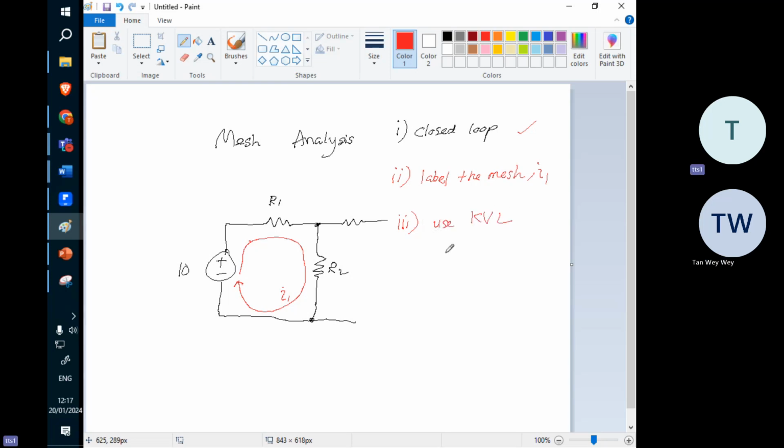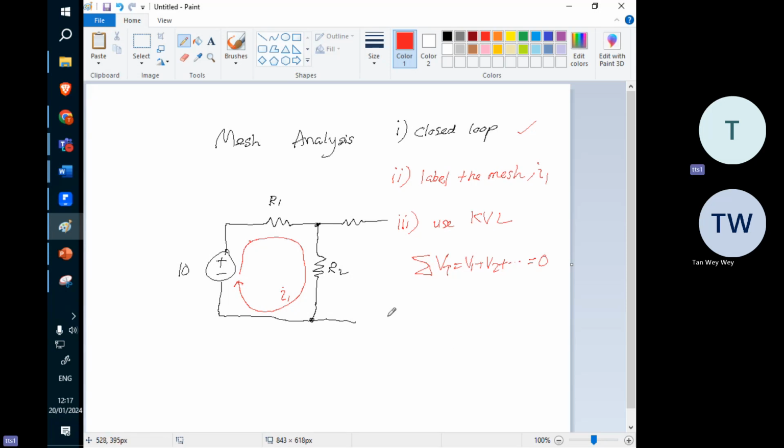Use KVL means that KVL is a sum of all the voltages, V1 plus V2 plus all the voltages, is equal to 0.